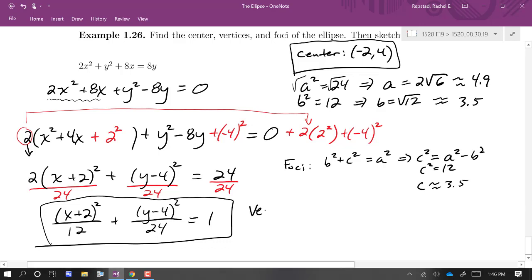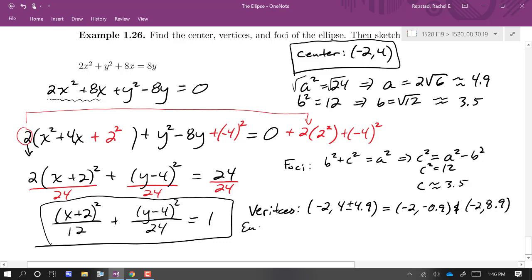So our vertices. This is oriented vertically, we said. So I'm going to take negative 2, 4, and since it's oriented vertically, I'm going to add and subtract 4.9 from the y coordinate. Negative 2, negative 0.9 and negative 2, 8.9.